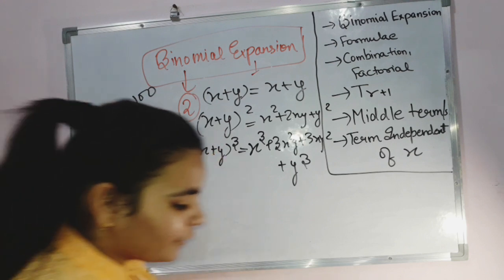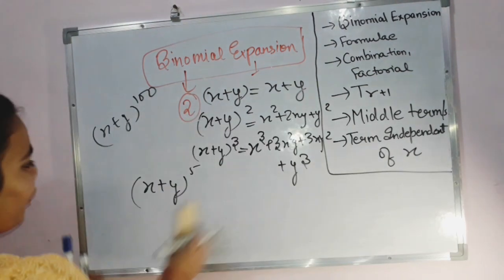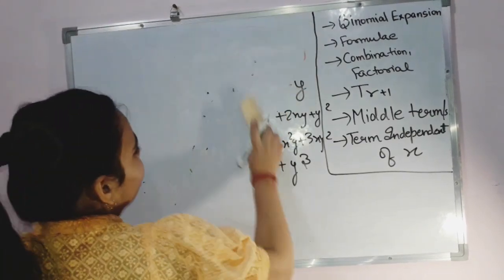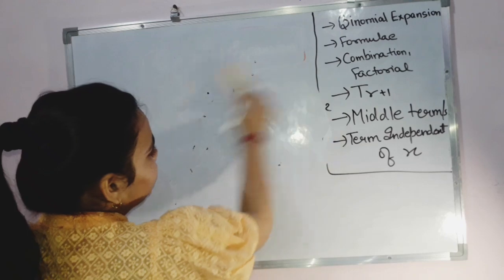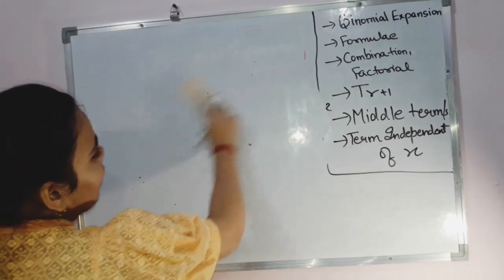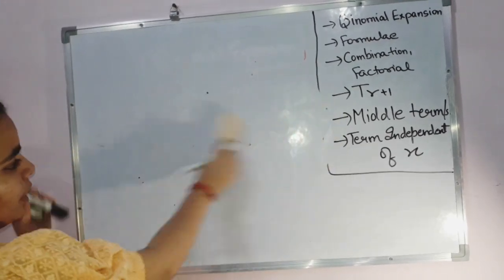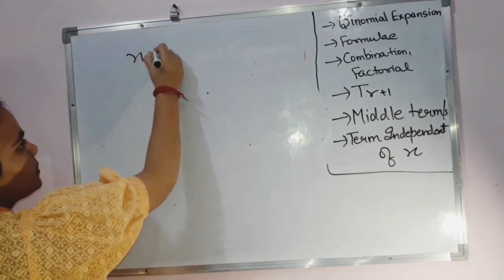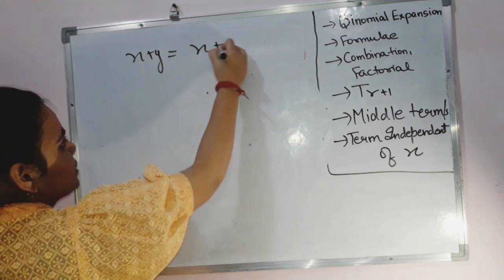Now let me quickly rub it all and we'll write it properly, and then you can also solve along with me, so that you can see what observations we can make from only the three expansions which we have learnt. The first expansion is x plus y, that is equal to x plus y only.